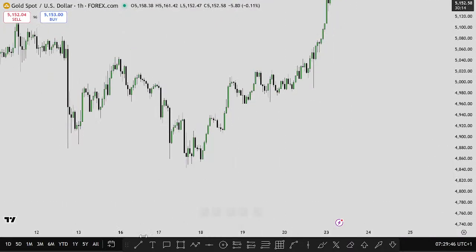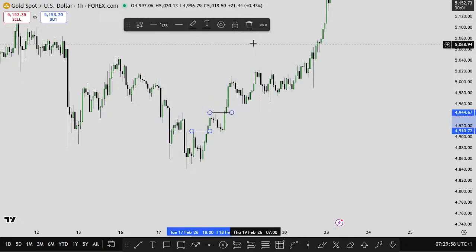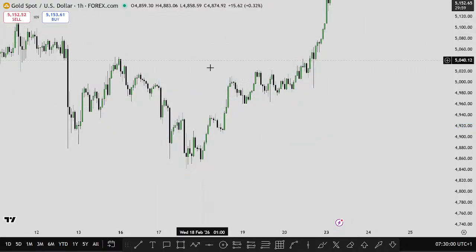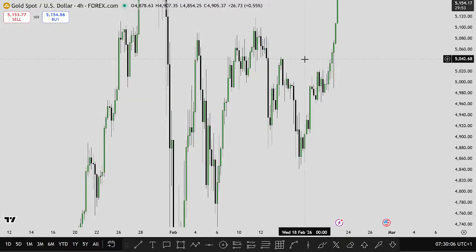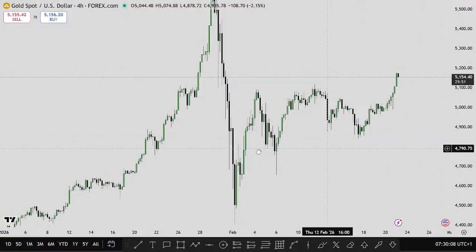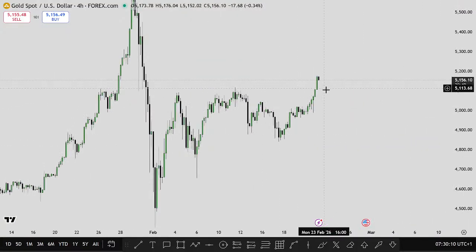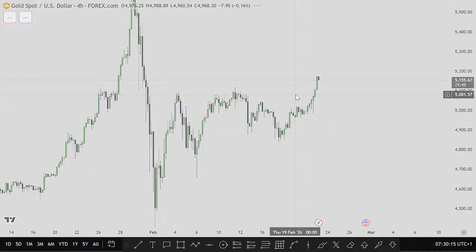So the first one was, okay, I saw this break here, I saw this break here, and it seems like price is ready to buy, and then I bought from here. First off, I was selling around this level here, but I got stopped out minus 1 hour, and then I later cut the buy to this high here. So I'll just leave it, let it do what it wants to do.